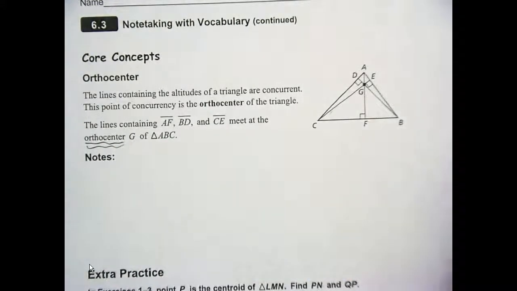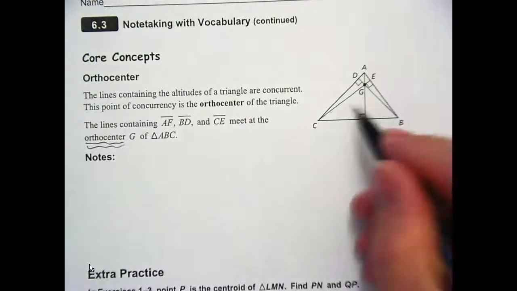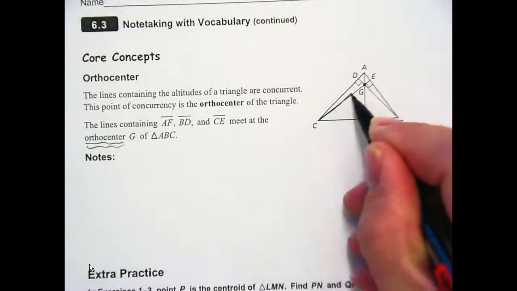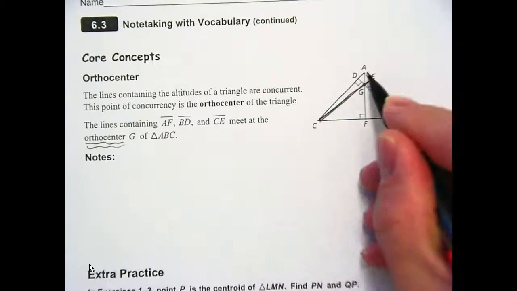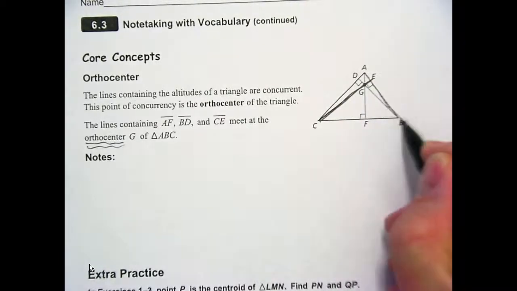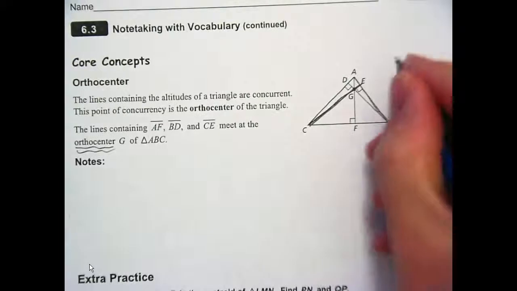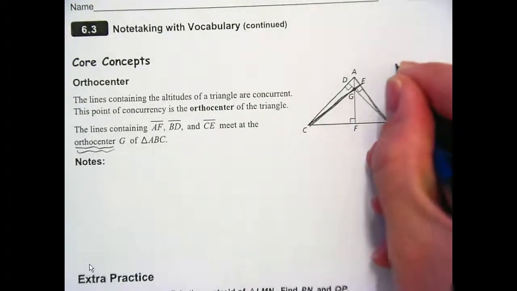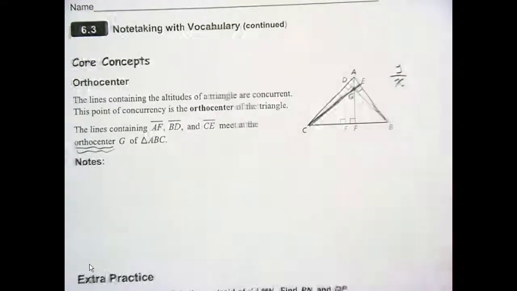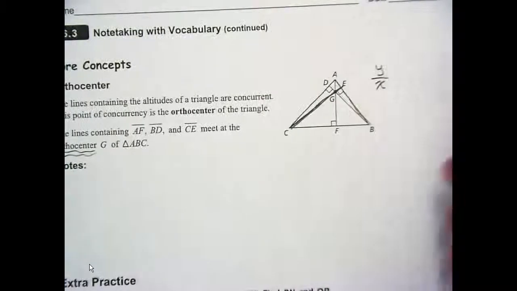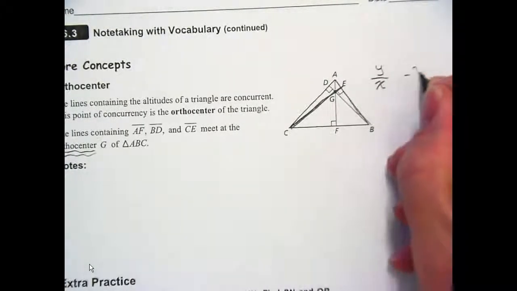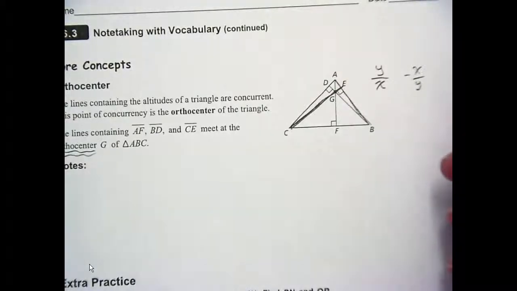All right. What do we know about perpendicular lines? Let me ask that a different way. What do you know about the slopes of perpendicular lines? They're inverse reciprocals. So, for instance, if the slope of one line was y over x, the slope of the other line would be negative x over y if it was perpendicular.